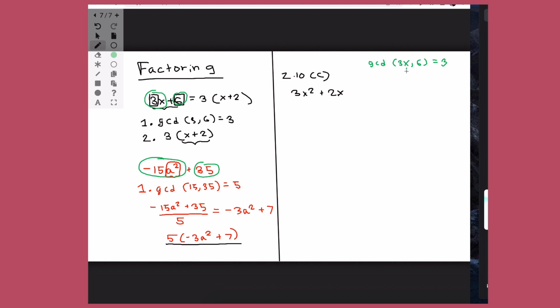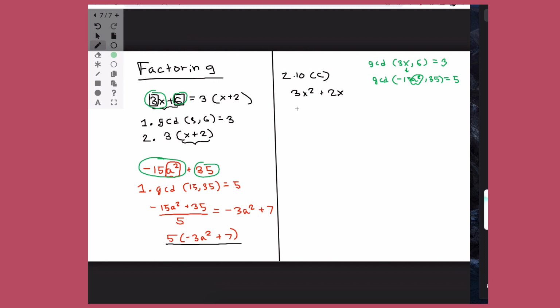And it can't include the variable x since the second part, 6, doesn't have x in it. And then similarly, the GCD of minus 15a squared and 35 will just be 5, since it can't contain any of the a terms because 35 doesn't have any a terms.